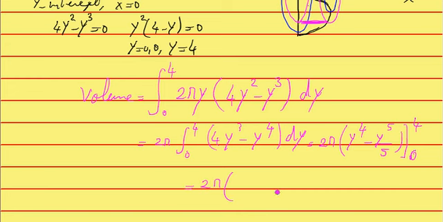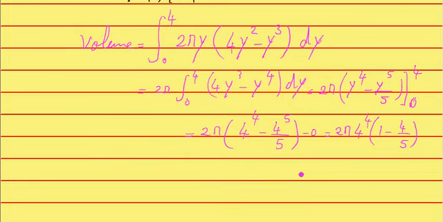That's 2 pi. I plug 4 in this, becomes 4 to the power of 4 minus 4 to the power of 5 over 5. When I plug 0, there isn't anything left to subtract. So 2 pi. We might as well be smart and factor out 4 to the power of 4. We are left with 1 minus 4 over 5.